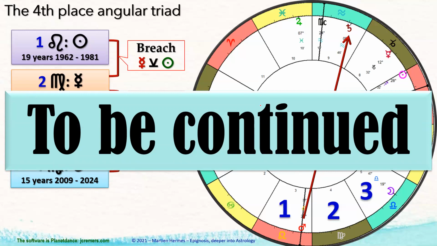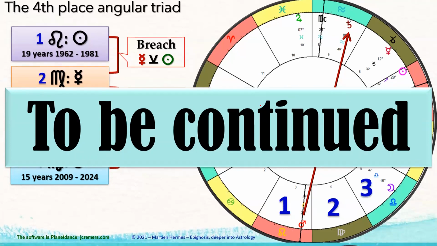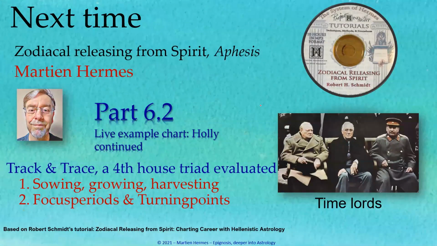And thank you. You're very welcome. So the next time we continue with this live example chart from Holly, we will go into the idea of sowing, growing, and harvesting, and again, focus periods and turning points. So that's for next time.